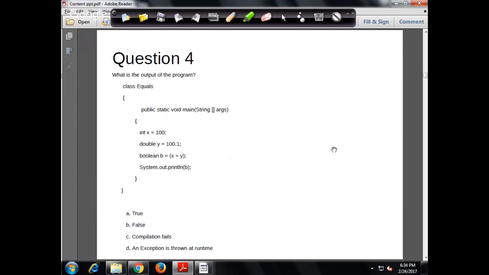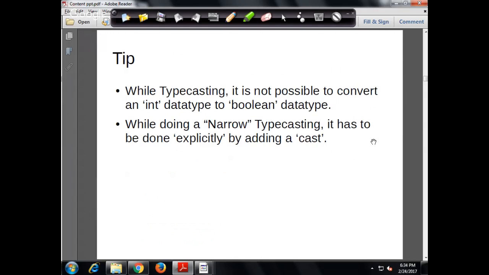Okay, guys, let me show you the tip for this particular question. So let's have a look at the tip.